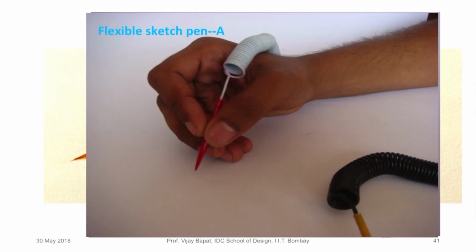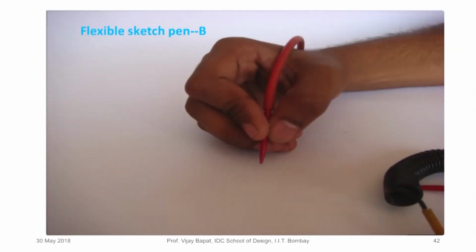flexible sketch pen. Flexibility can be defined in many ways. So I use the capillary to define the flexibility. So that whole wire, the spring, is a storage of ink. So flexible.